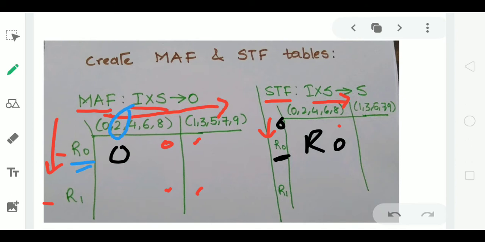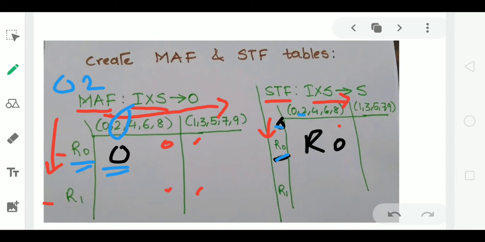So the previous value 0 means the output is 0 and the next value 2 will make the number 2. And the number 2 is divisible by 2, yes, generating remainder 0, which is already listed here. Now the previous state R0 with the output 0 and the next value is 2 again.